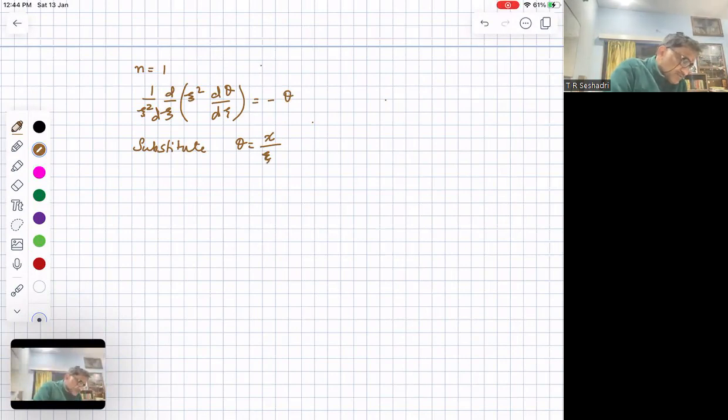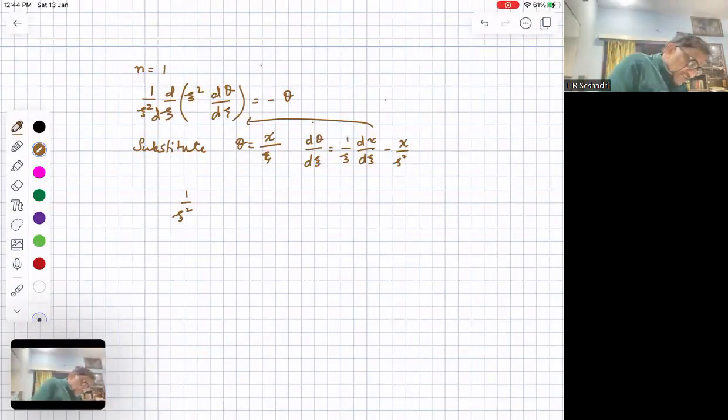And so, if I divide it by xi square into d by d xi, multiply this one, I will have xi d chi by d xi minus chi is equal to minus theta.